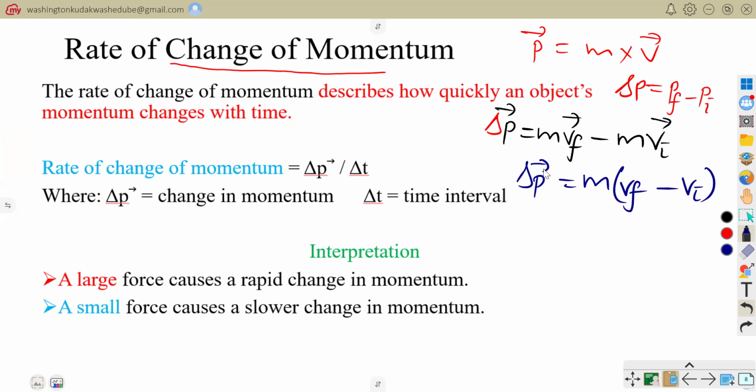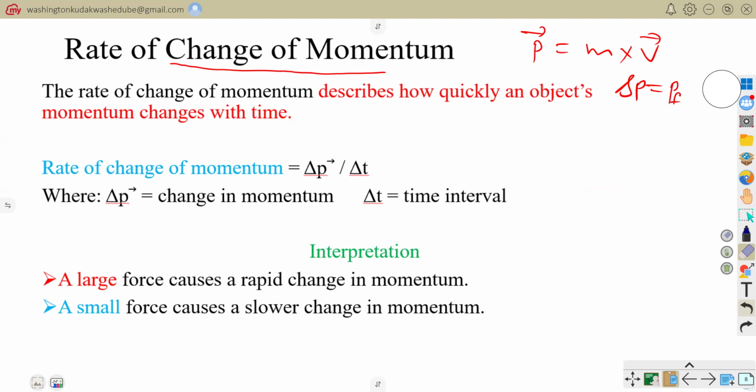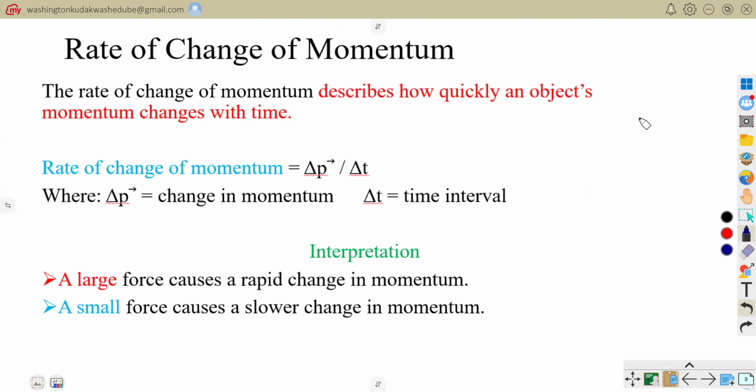Now I want to see how this change in momentum changes with time. We want to look into how quickly an object's momentum changes with time.